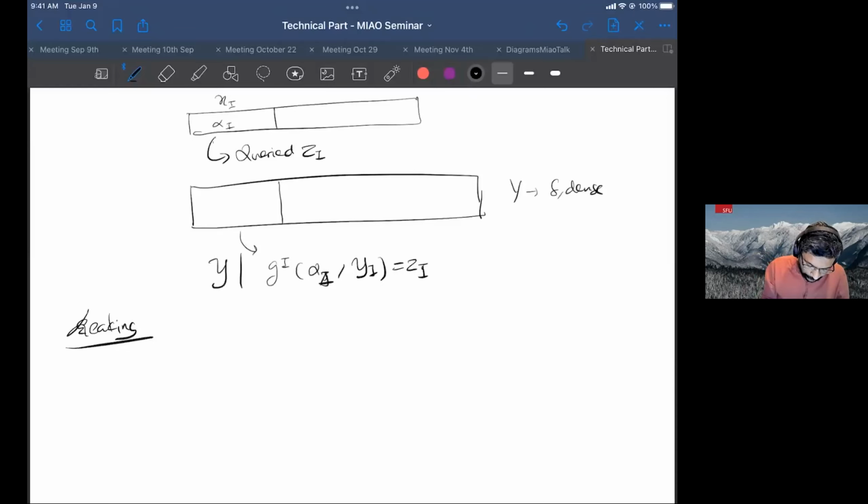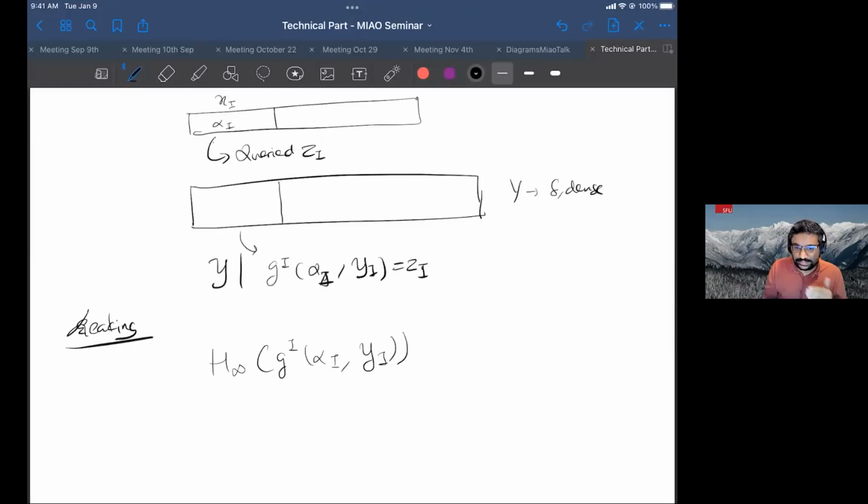So in leaking, you're interested in the min entropy of gi alpha I yi. So a particular value zi, the min entropy is the maximum probability of a particular ci.